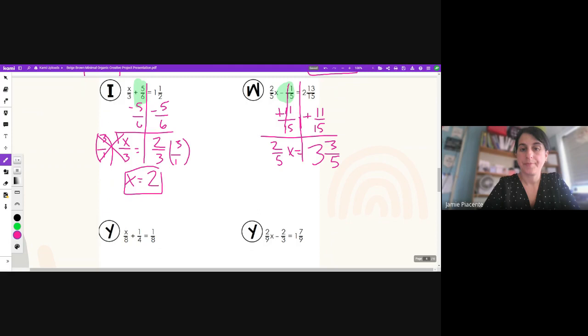All right. Now this is being multiplied. To undo our multiplication, we do division. We can't divide fractions, so we multiply by the reciprocal. So all we do is flip it over. And x equals, so 3 3/5 times 5 over 2 gives me an answer of 9. All of that, and it just equals 9.